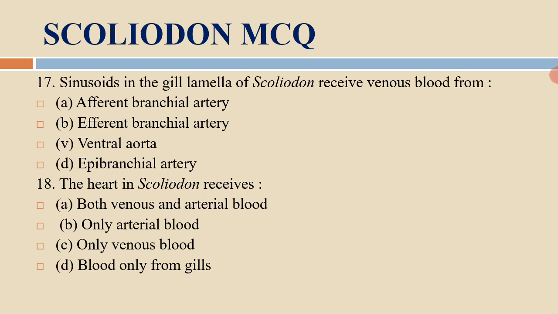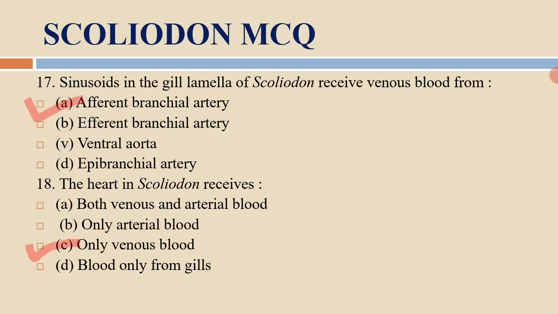A. afferent branchial artery, B. efferent branchial artery, C. ventral aorta, and D. epibranchial artery. We know that afferent means towards and efferent means away from. So the blood is forced towards the gill with the help of the afferent branchial artery.